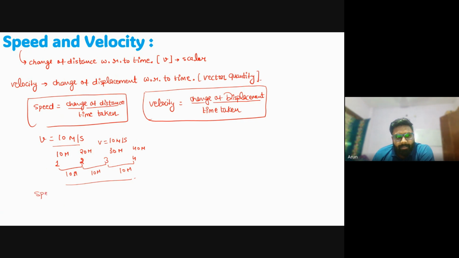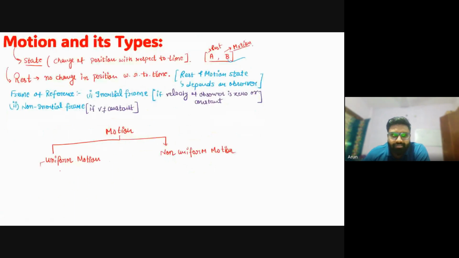So speed is constant in this case. And when the speed is constant, we define the motion as what? We have left behind it, na? What do we call that motion? That motion is termed as uniform motion. So for uniform motion, speed or velocity is constant.